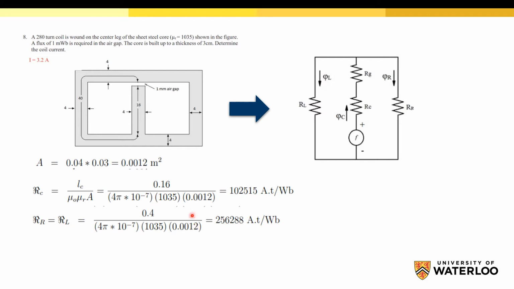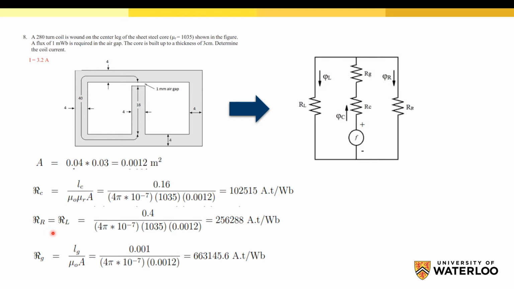The next step is to calculate the reluctance of the air gap. For the air gap, the relative permeability is equal to 1, so we do not have relative permeability. The length here represents the length of the air gap. So we have a 1 millimeter air gap, so this is the length for this reluctance. And we can calculate the reluctance of the air gap. Okay.